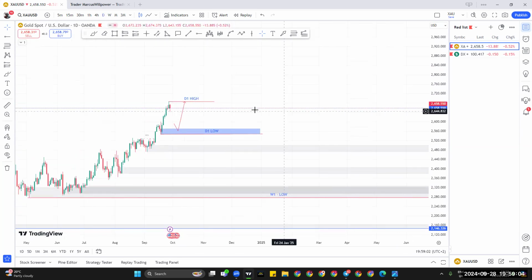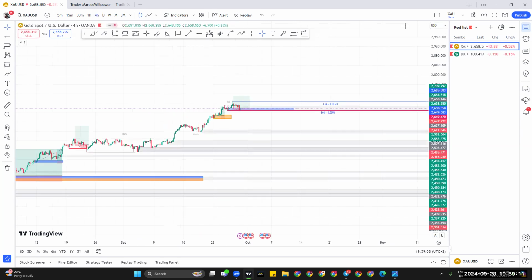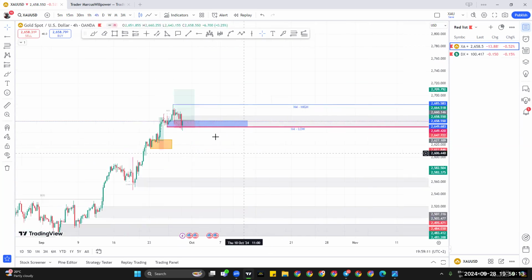But for now, we have a long opportunity from this D1 order block, or if market structure holds on the H4, we could get more long positions going up if we get a close above this previous high. Other than that, I'm just waiting to react to what the market is giving me. And let's just keep pushing.